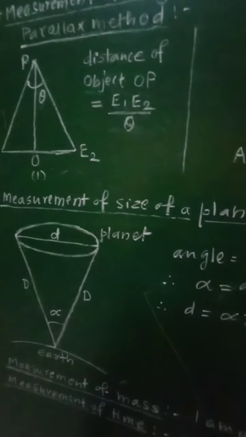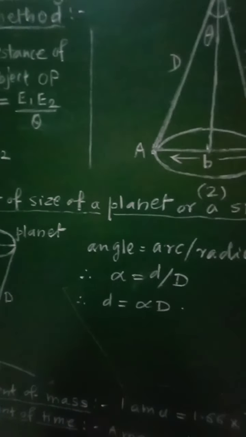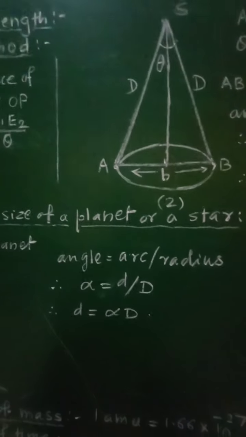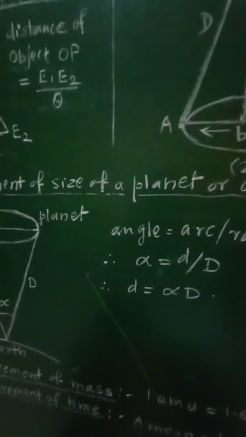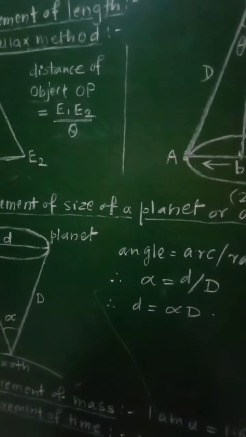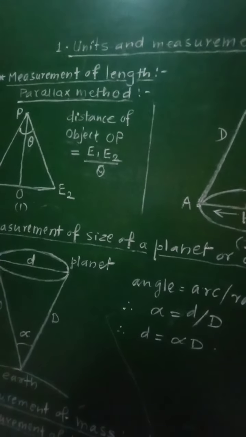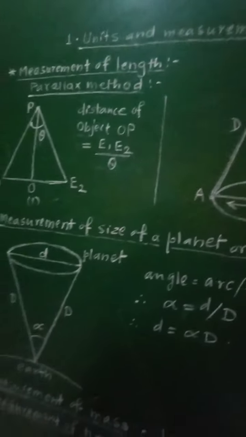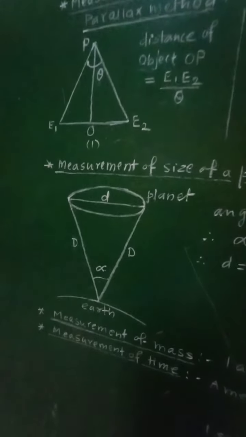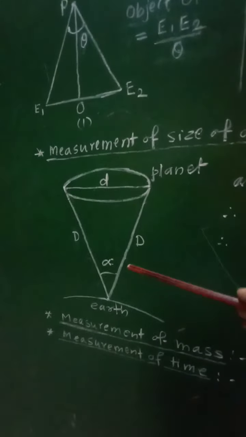Next method is measurement of size of a planet or a star. So this figure indicates here, this is the Earth's surface.